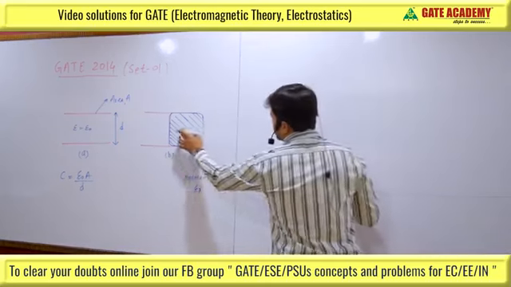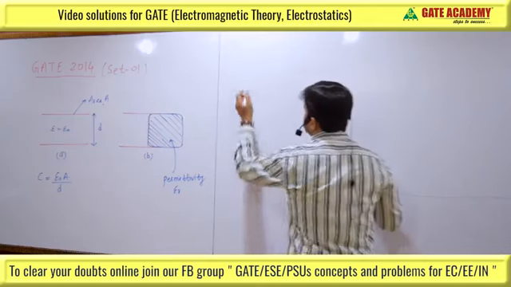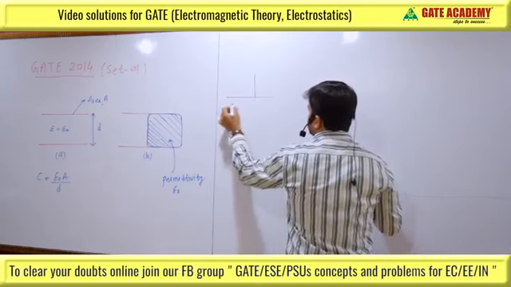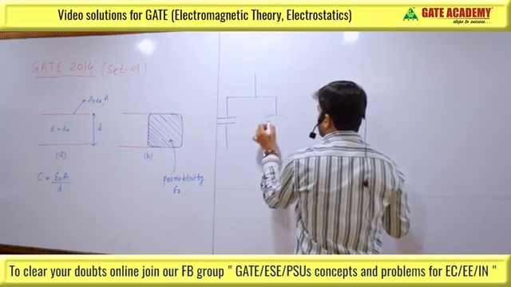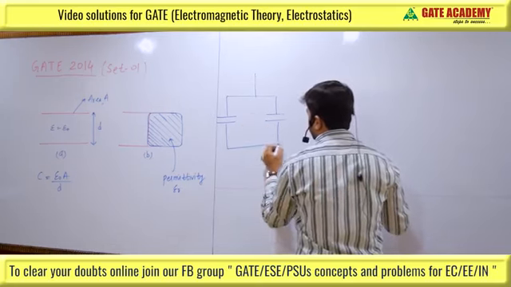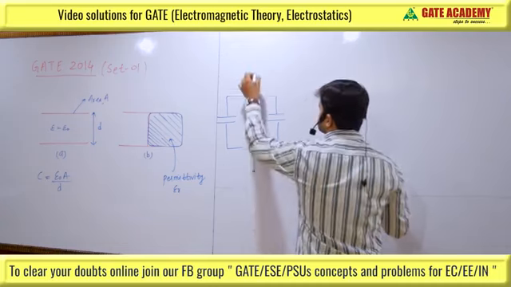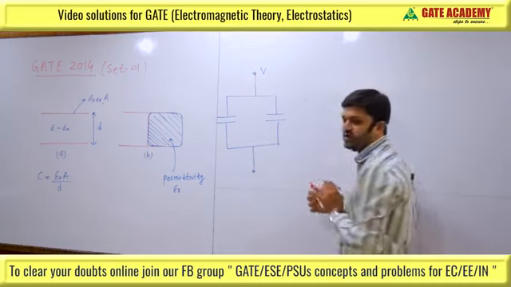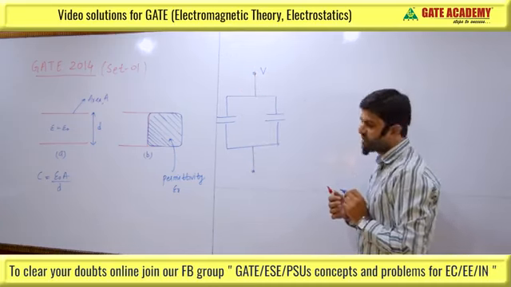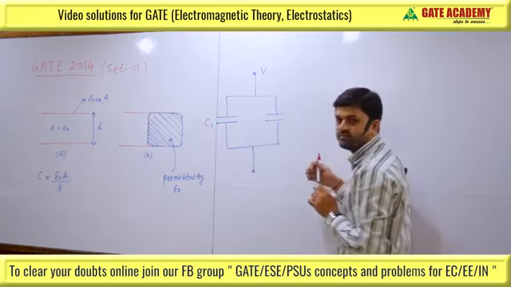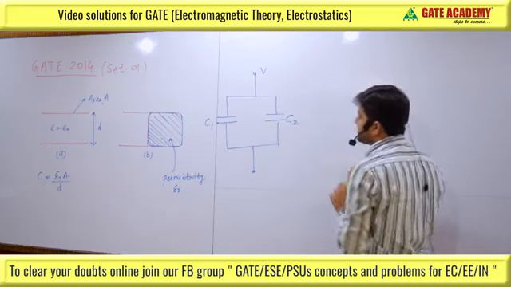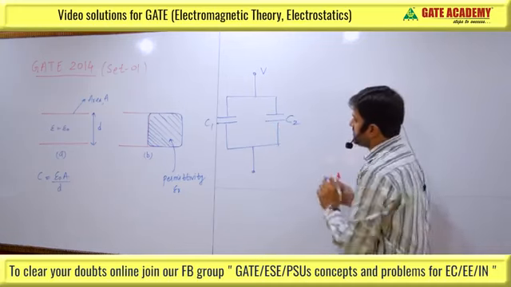So for this particular system, the equivalent circuit will be like this. The potential applied across the plate is the same, that is V, and this forms one capacitive system, C1, and this forms another capacitive system, C2.